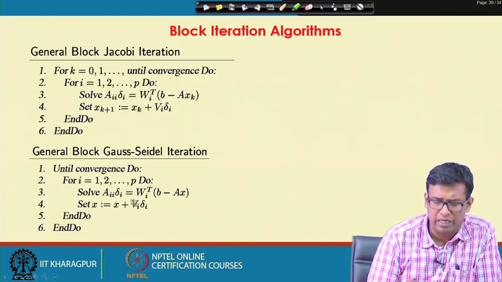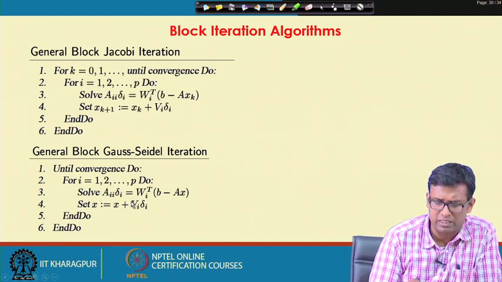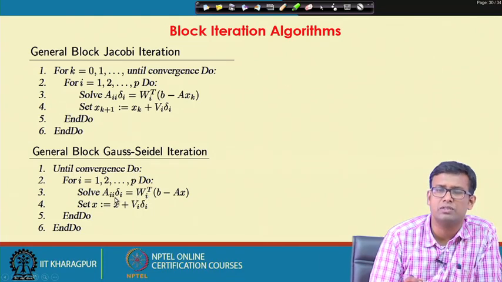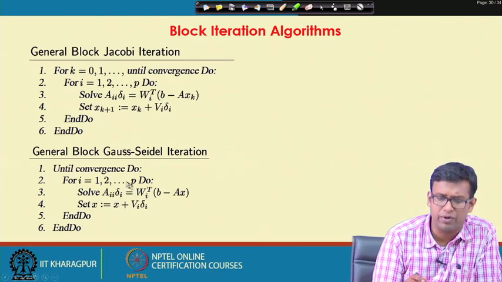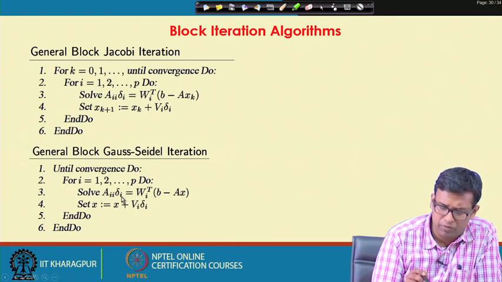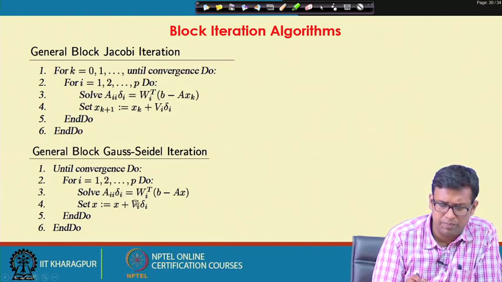You solve A_ii delta_i is equal to W_i transpose (B minus A x), and update x in each block like this. This solution can be done using Gauss-Seidel or Jacobi. If you want a full Gauss-Seidel in block Gauss-Seidel, this solution should also be done using Gauss-Seidel.